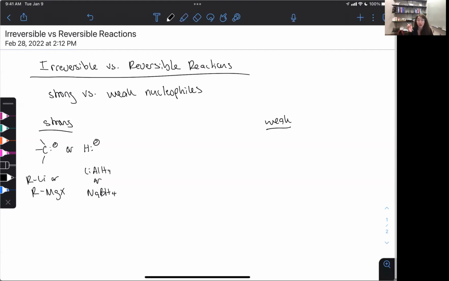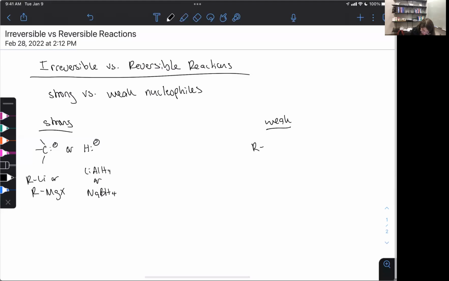So for weak nucleophiles, we again can kind of think back to our SN1, SN2 days, where we're looking at charged things mainly for the strong and neutral things mainly for the weak. So these should be pretty familiar to you. For the weak nucleophiles, we're really looking at neutral compounds.